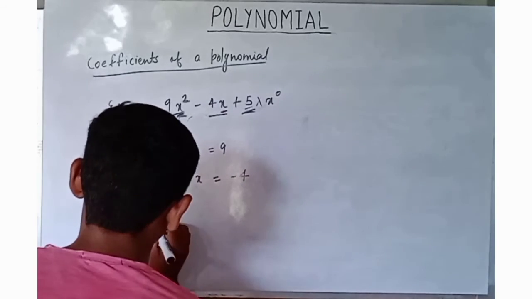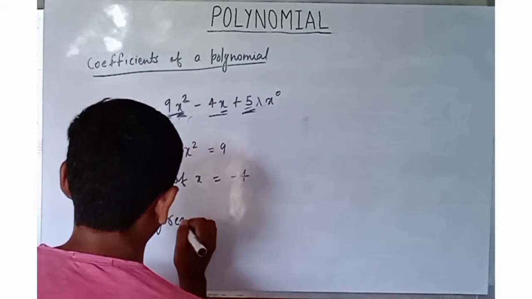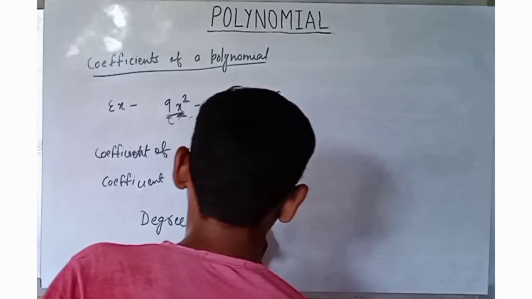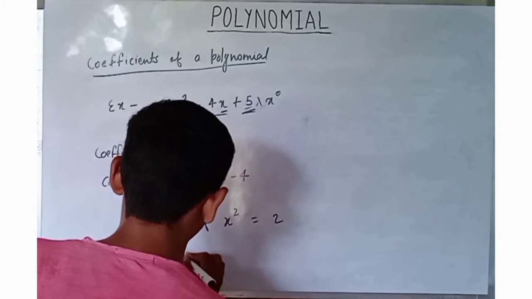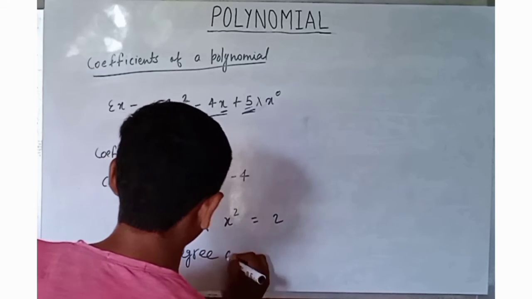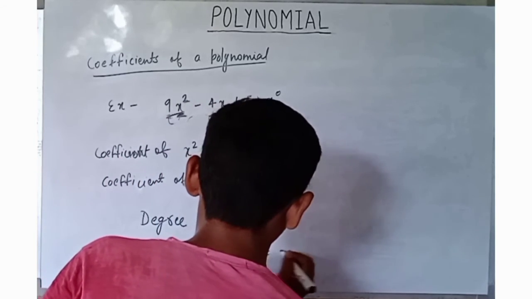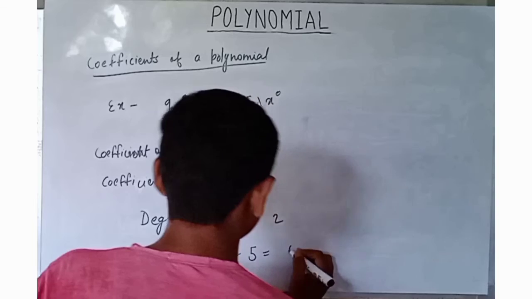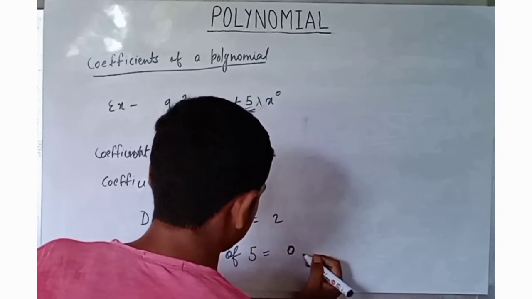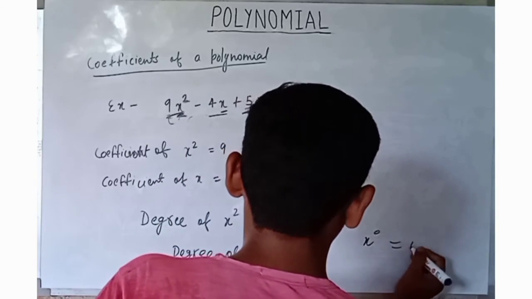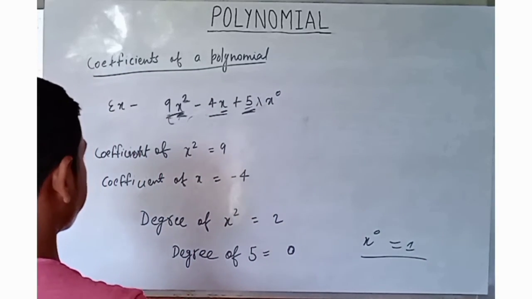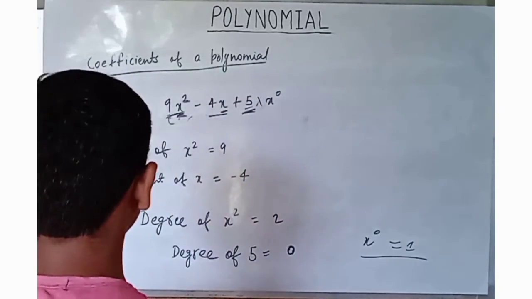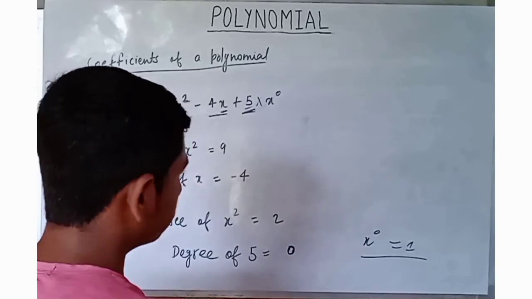So the degree of x square will be 2, and the degree of 5 will be 0, because you know that x to the power 0 is equal to 1, we can write 5 into 1. So I think this is clear to you.